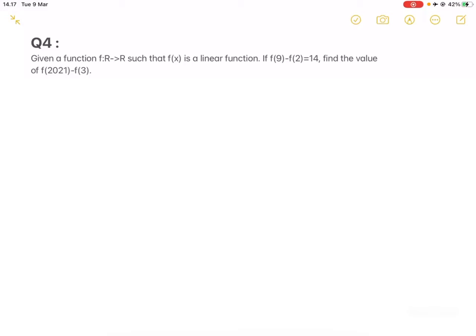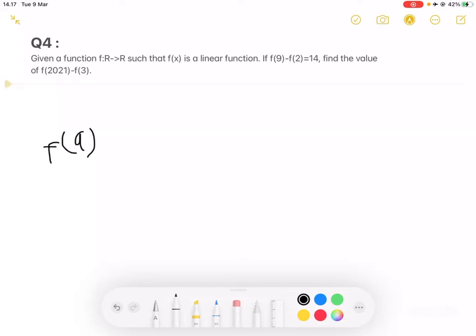And another clue is that f of 9 minus f of 2 gives us 14. We need to find f of 2021 minus f of 3.